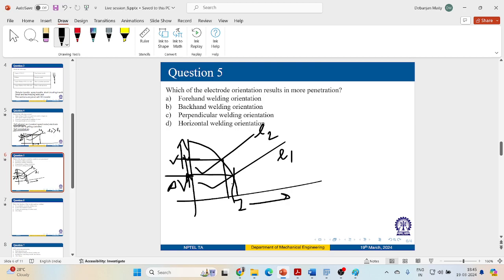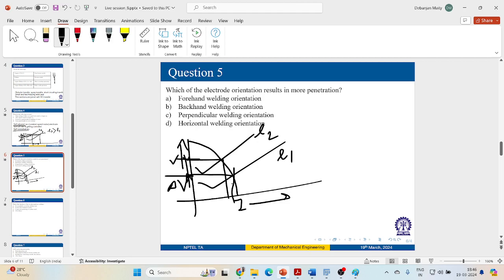Now, in terms of operating variables, we will stick to the aspects which are particular to gas metal arc welding, the operating variables which are much more important in gas metal arc welding.